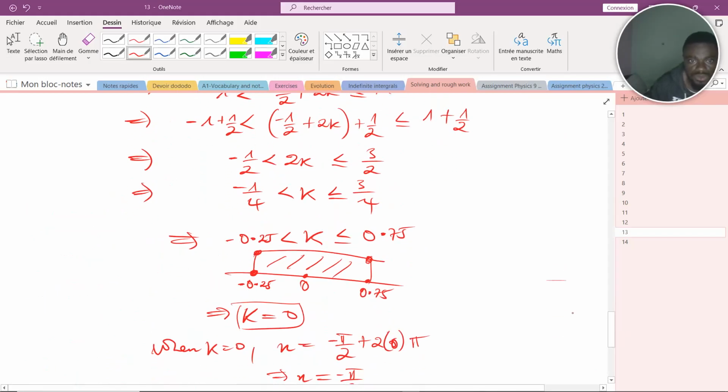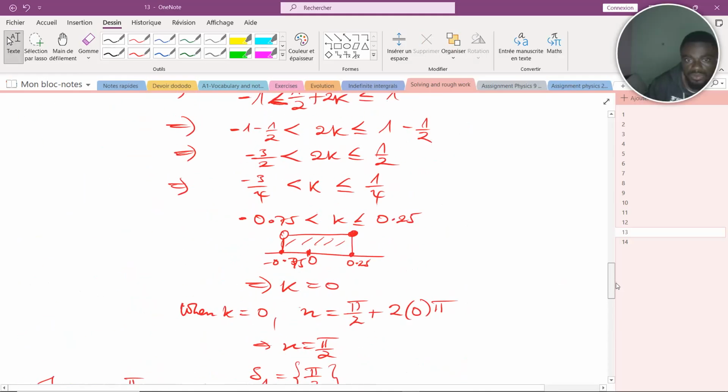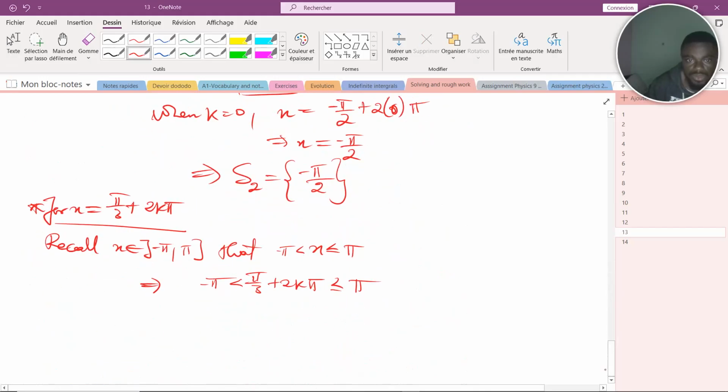Now, if we say this is an open inequality, il faut faire attention. The inequality is open here. It's open, not closed. Yes. Okay. Now this implies I'll divide all through by pi, so I'll have here 1 on 3 plus 2k strictly greater than minus 1, less than or equal to 1.